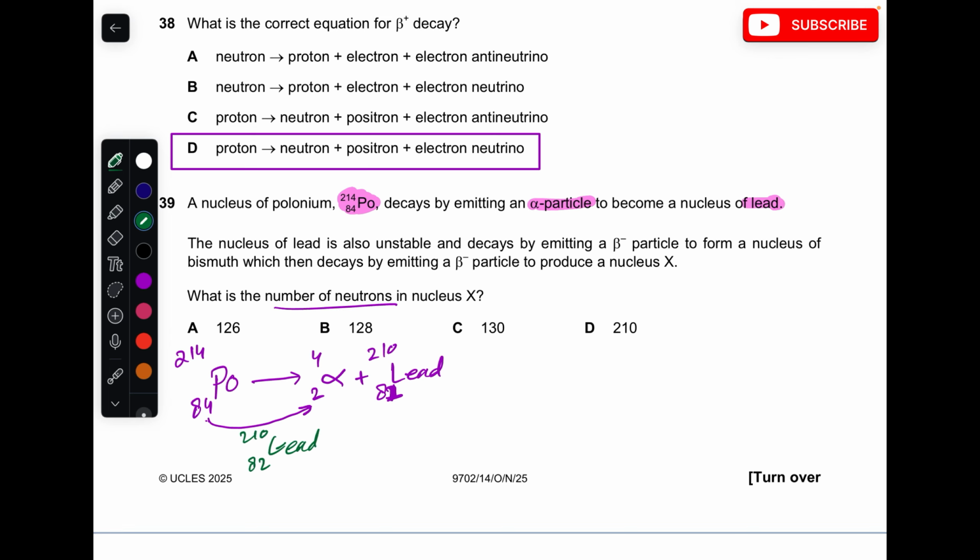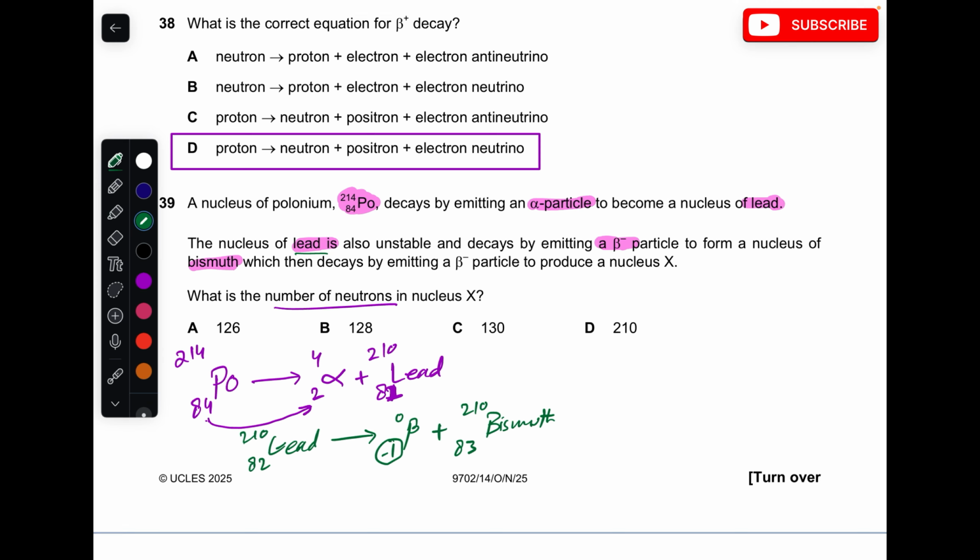Now this lead is decayed by emitting beta and will become bismuth. So lead is emitting beta, beta is 0 minus 1, so 210 minus 0 is 210, the atomic number 82 plus 1, because whenever you have beta minus emission you have to add 1, it will be 83.